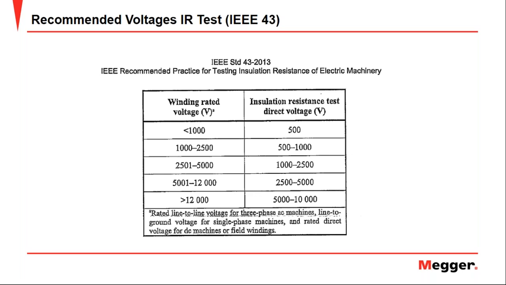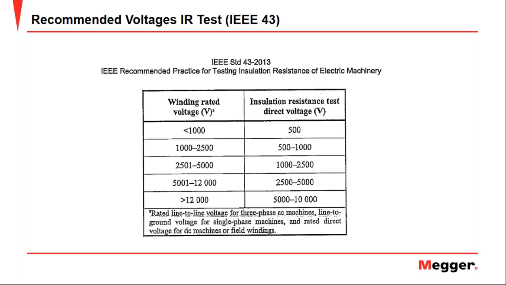If it is under 1000 volts, you have to do the insulation resistance test at 500 volts. If it is 200, 400, 600, it doesn't matter. You have to do the insulation resistance test at 500 volts.